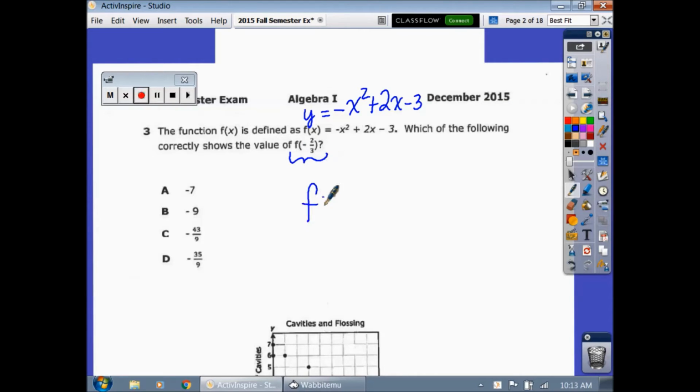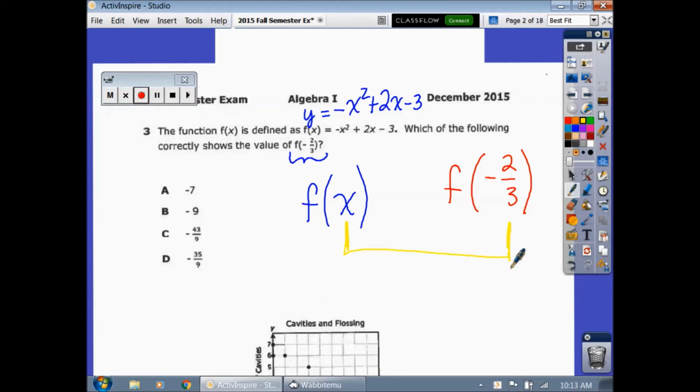So if you start with what they gave you, f of x, and you look at what they've done here with f of negative 2/3, what kind of conclusion can you make about what they've replaced? Well, write that in kid-friendly terms. They're just simply telling you if x equals negative 2/3, what would the answer be, or what would y be in this case?